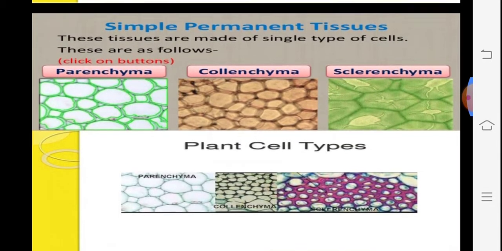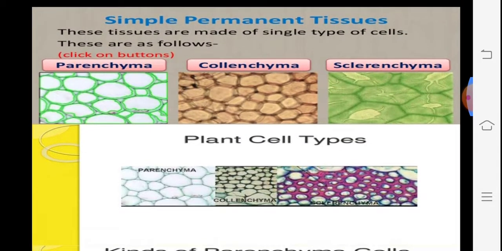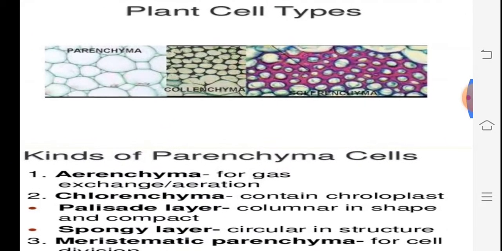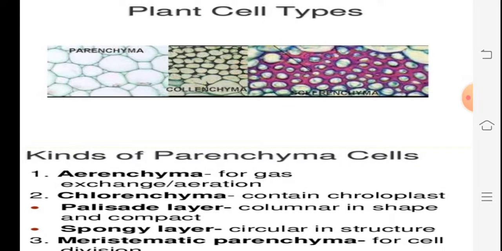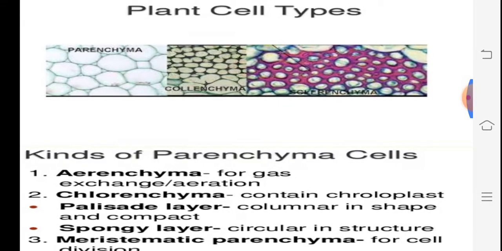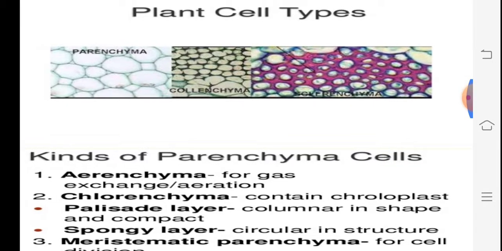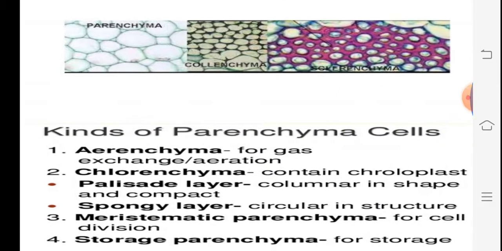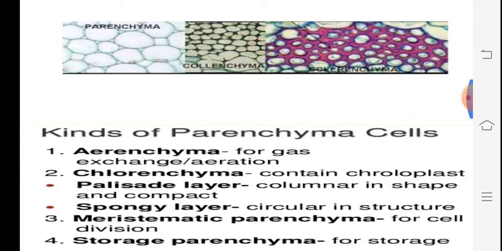In the simple permanent tissue system, you are observing these three types of cells: parenchyma, collenchyma, and sclerenchyma. These plant cells differ in shape and size. Sclerenchyma gets pink in color due to safranin, and you see this in the diagram also.